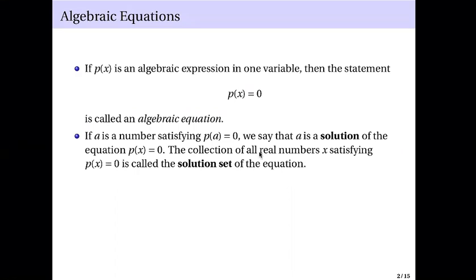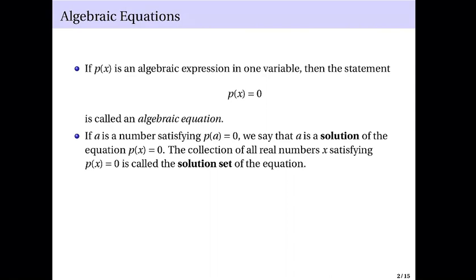Now, I want to emphasize that we will only be dealing with real numbers. There is a bigger set of numbers, but we are not going to discuss that in this course. So all our solutions will only be in the set of real numbers.